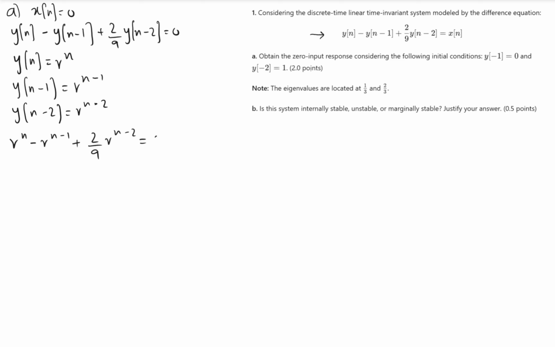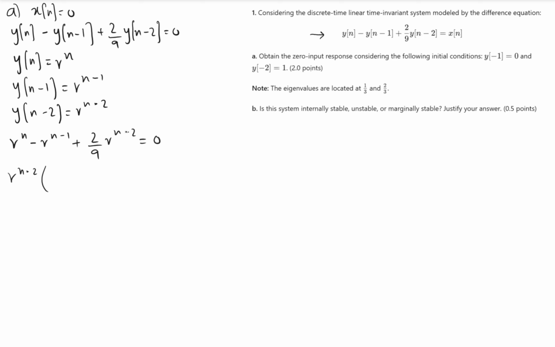Now what we need to do is get rid of these negative powers, to make it an equation that I can find solutions for. I can find the solution of the equation if I remove these negative terms. So I take r to the power n minus 2 common.